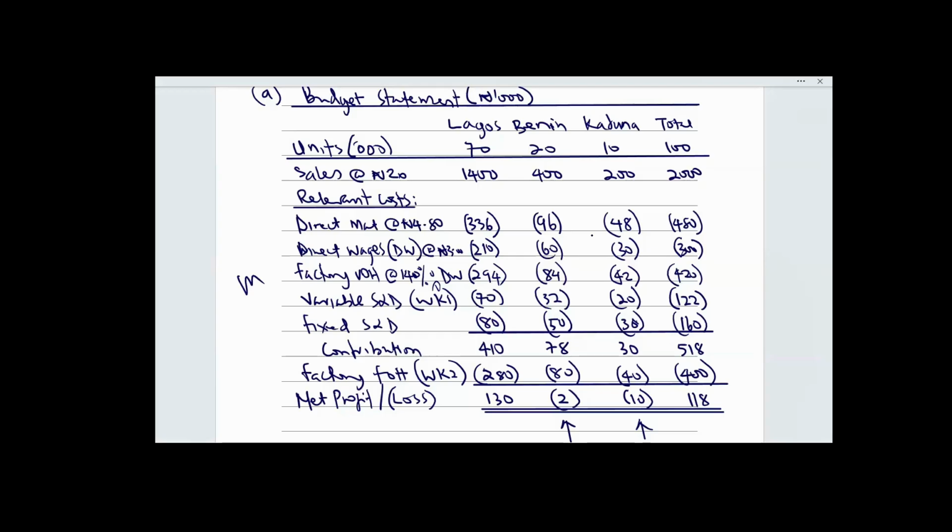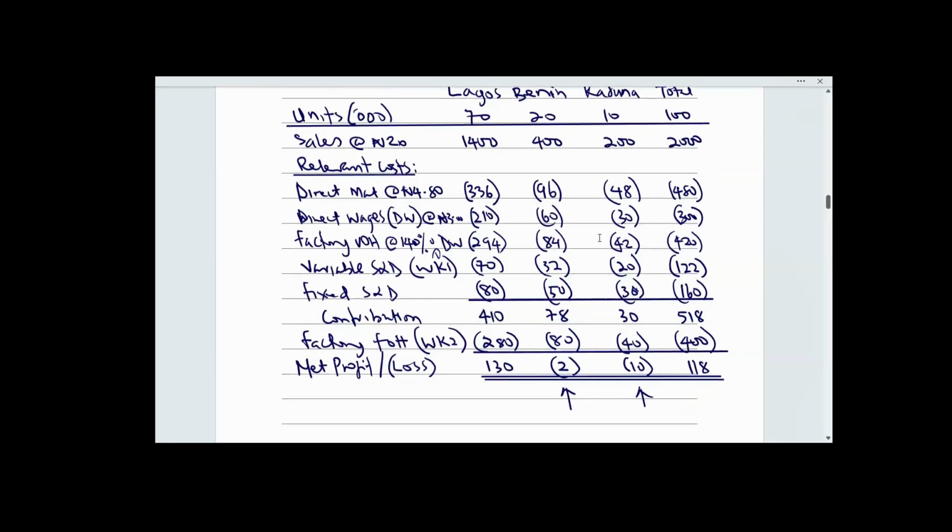So the higher the sales, the higher the sales commission he or she will earn. So any selling expenses, whether fixed or variable, are relevant costs, because if you don't incur the cost, you will not be able to generate the sales. If you cannot generate sales, how do you make profit? All right.